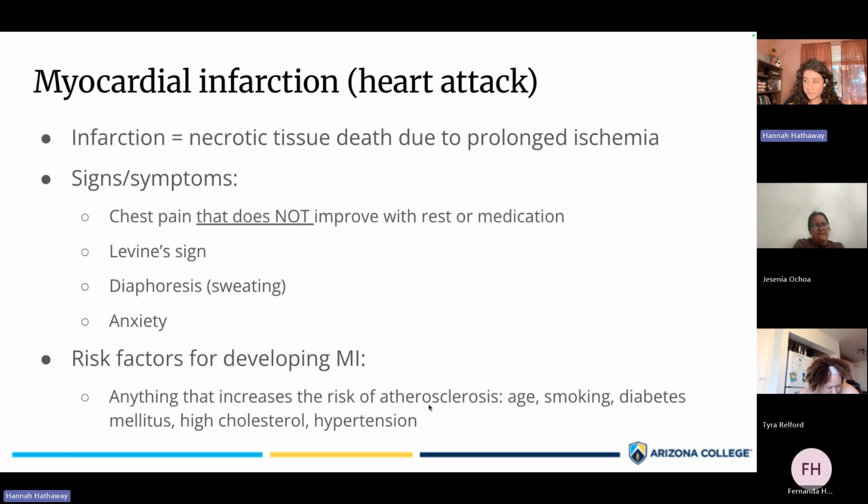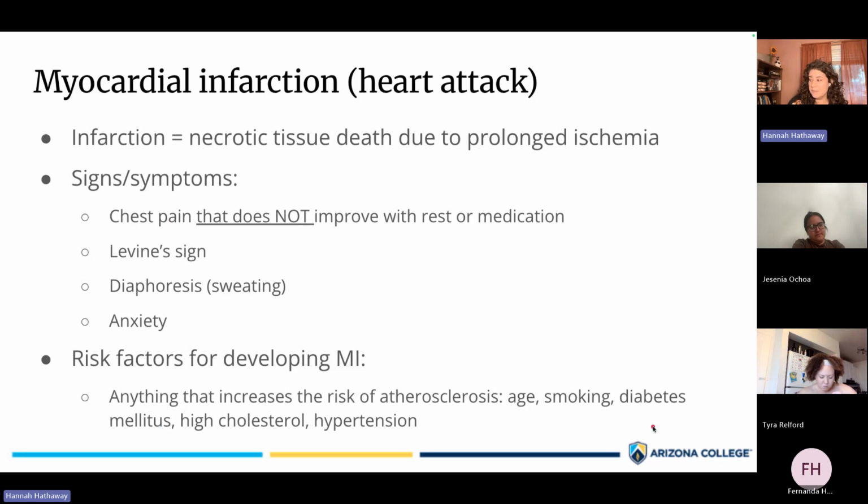or a myocardial infarction. So age is one, just as you get older, the hardness of life, no, just the cumulative damage of being a human. Smoking has a lot of toxins that cause damage to the endothelium, and anything that is causing inflammation and damage to your vascular endothelium is going to increase the risk of atherosclerosis.